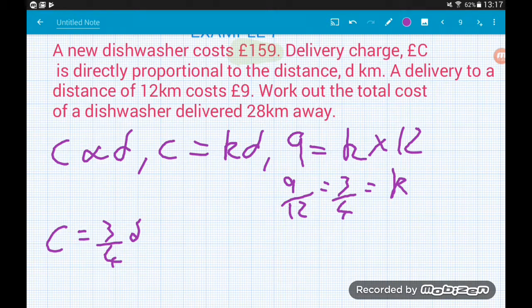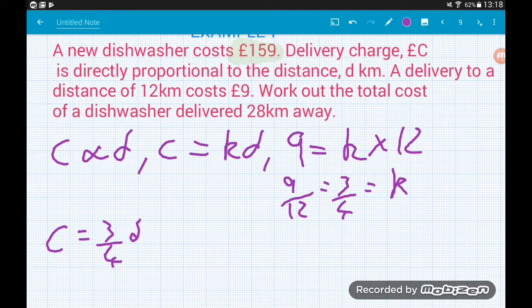Okay, now let's go back and read again what we're trying to work out. Work out the total cost of a dishwasher delivered 28 kilometres away. So the total cost is going to be the cost of the dishwasher itself and the cost of delivery. So we know the cost of the dishwasher was £159. So we need to then work out the cost of delivery to add on to that.